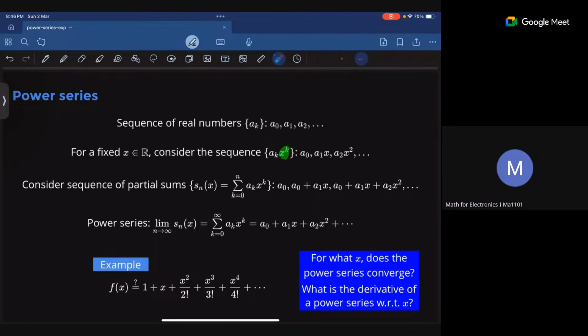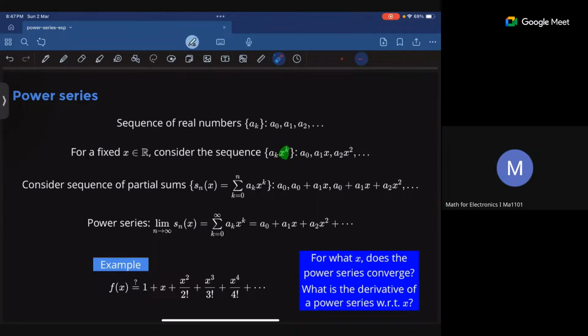ak x power k. Now if you write down the terms in this sequence, you can see that a naught will be your first term, a1x, a2x square, a3x cube, and so on. And from this sequence, we will write the partial sums.